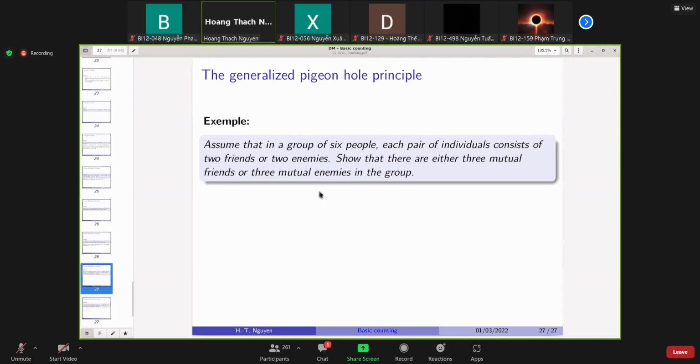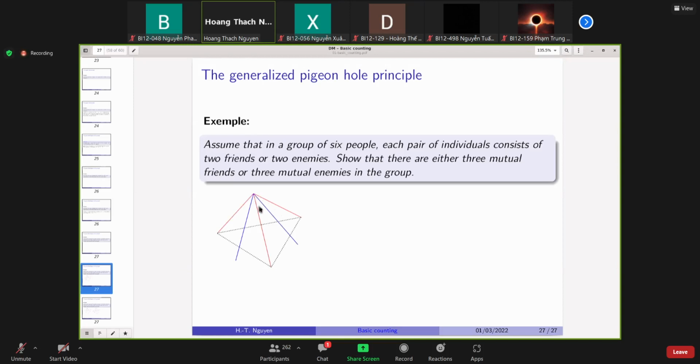Maybe for this kind of problem it is easier to visualize, so here we can use the graph representation.